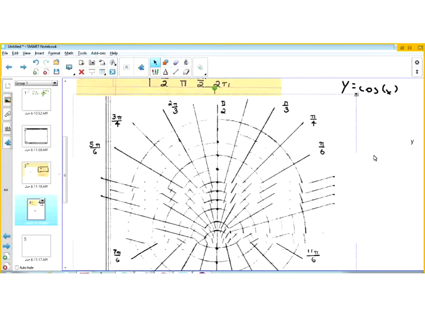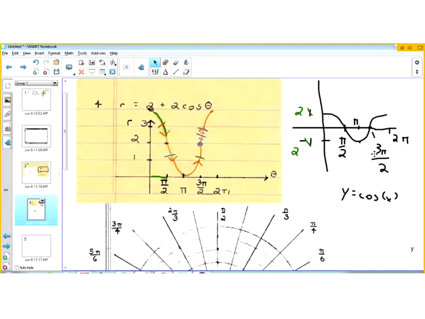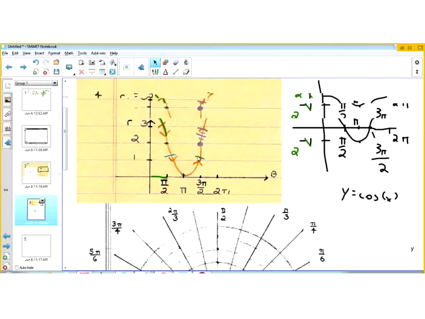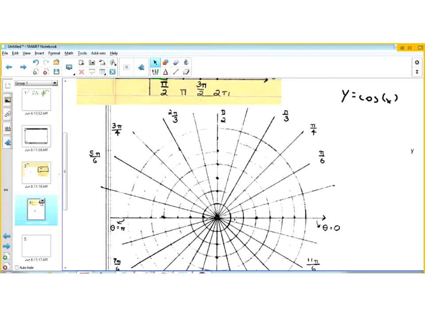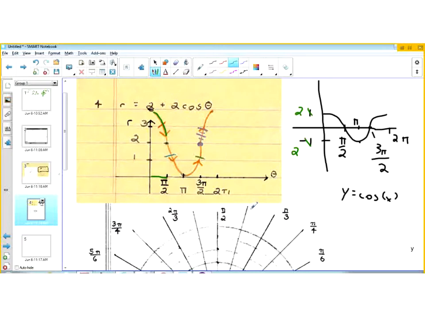Here's our polar plane. Between 0 and pi halves, at 0 we start off at, no, I'm sorry, at 0 we start off at 4.